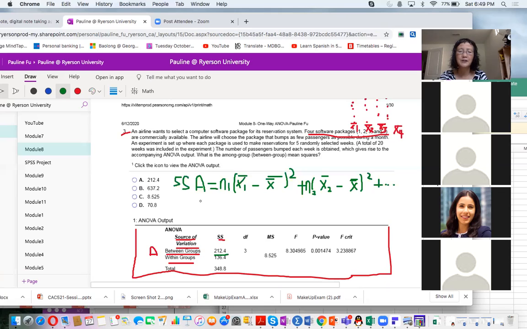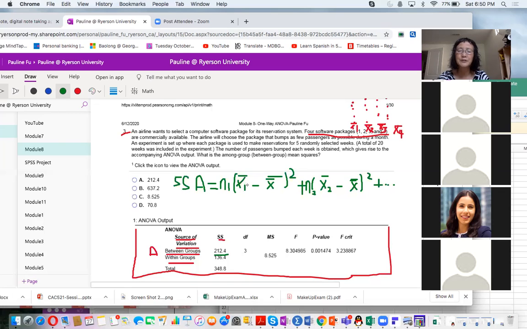Any questions about how you calculate SSA? Can SSA be found through the calculator? Yes, it can be found using the calculator. And I'm going to show you a calculator lesson after we explain the related concepts. Okay. So this is SSA. Use the group average.